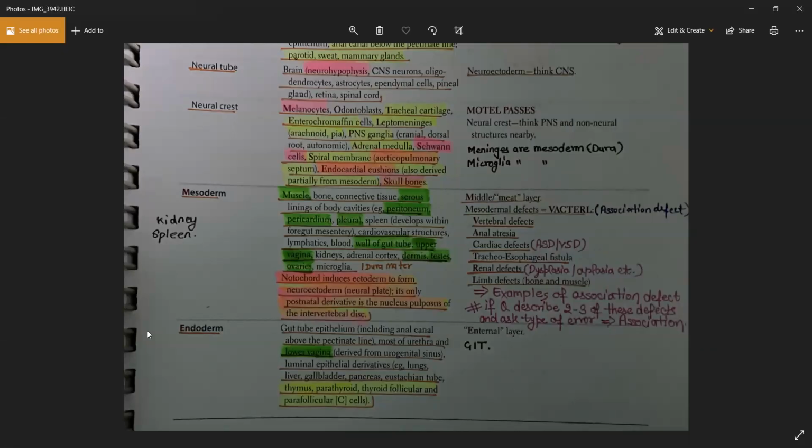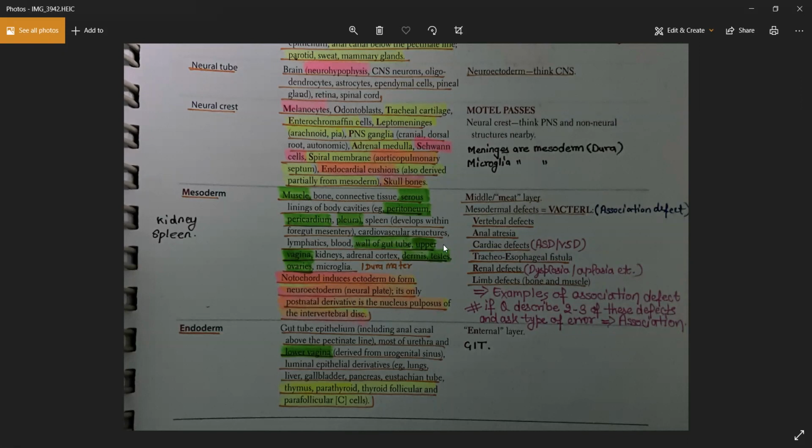The rest of the GI structures are derived from the endoderm except the spleen, which is a mesodermally derived tissue. So the spleen, which is derived from the foregut mesentery, is formed by the mesoderm. The cardiovascular structures, all the blood vessels, the heart, everything is formed by the mesoderm. The wall of the gut tube is also formed by the mesoderm.